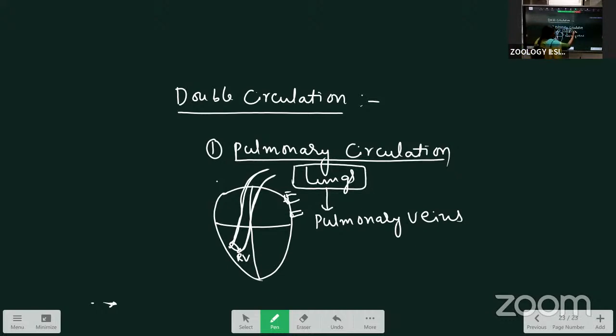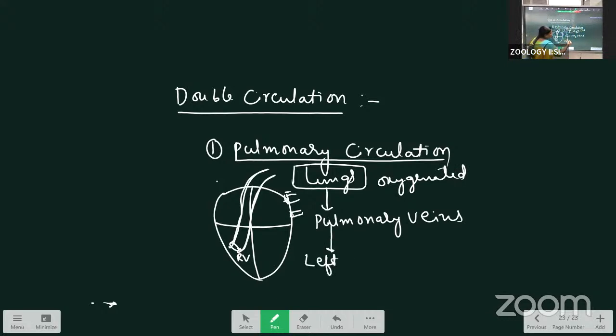That oxygenated blood comes through the pulmonary veins to the left atria. From the left atria, the blood goes to the left ventricle. This one is called pulmonary circulation.